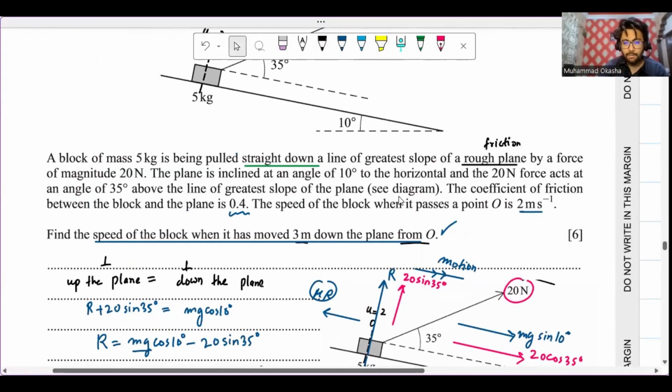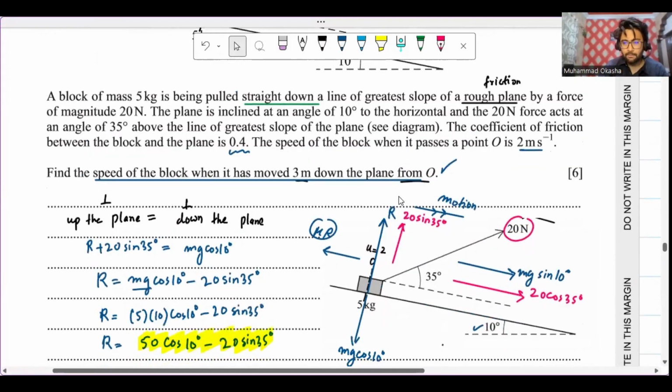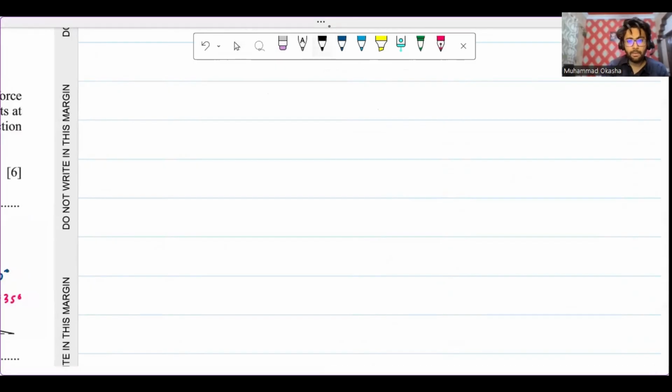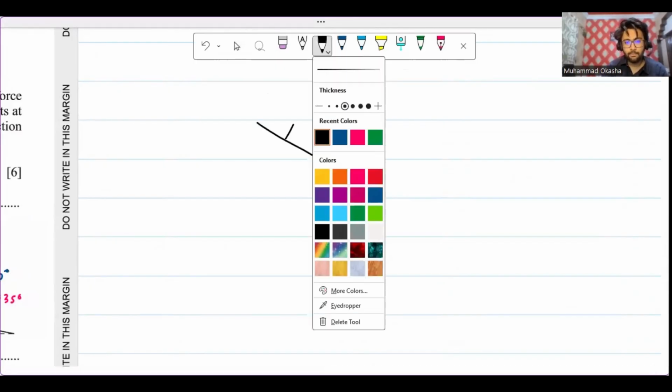So that was a multi-step question. Let's pause and reflect on what we did over here. We had a box that was sliding down.